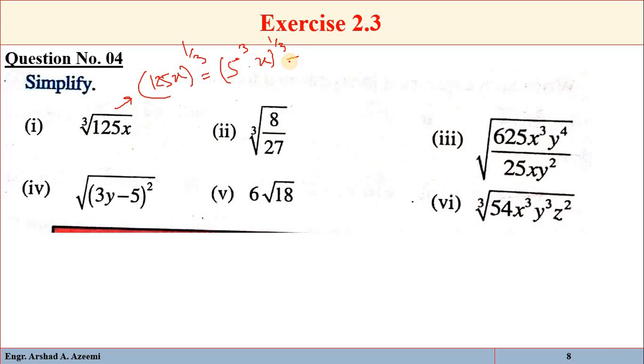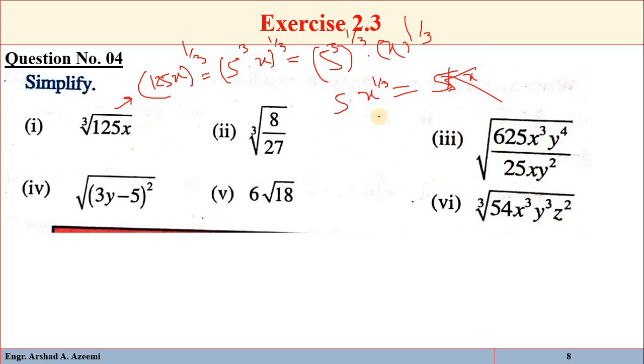According to the product rule, we can write it as 5 cube whole to the power 1 over 3 and x to the power 1 over 3. So this will be 3 by 3 and we will get 1. So it will be 5 and x to the power 1 over 3, and it will be equal to 5 times the root of x.